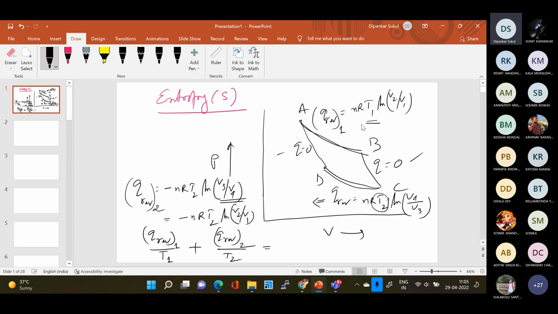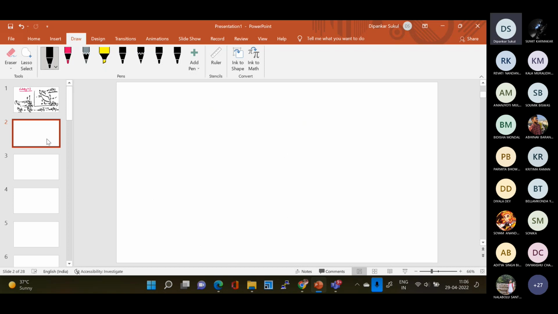If I divide by T1, then you will get nR ln V2 by V1. And if I divide by T2, then I will get minus nR ln V2 by V1. That means it will be equal to 0. Hence, for the whole cycle, the summation of the total reversible heat change divided by the corresponding temperature is equal to 0. That we are getting from this ideal Carnot cycle.